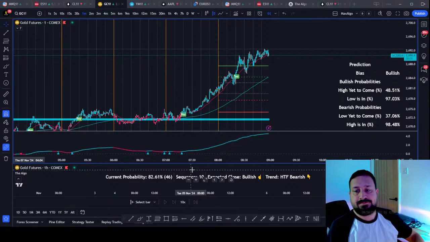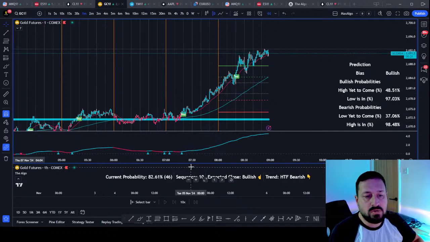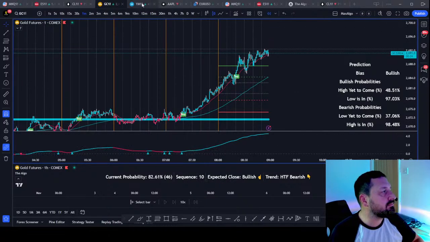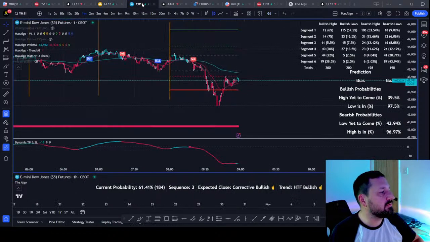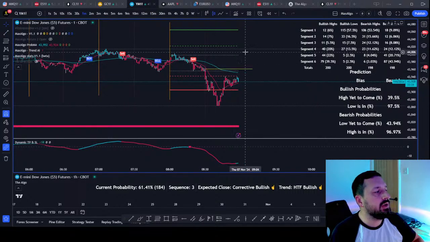Maybe we'll get that sequence 1 corrective shortly. If YM takes this high, and maybe we'll see that potential turnaround on YM as well.